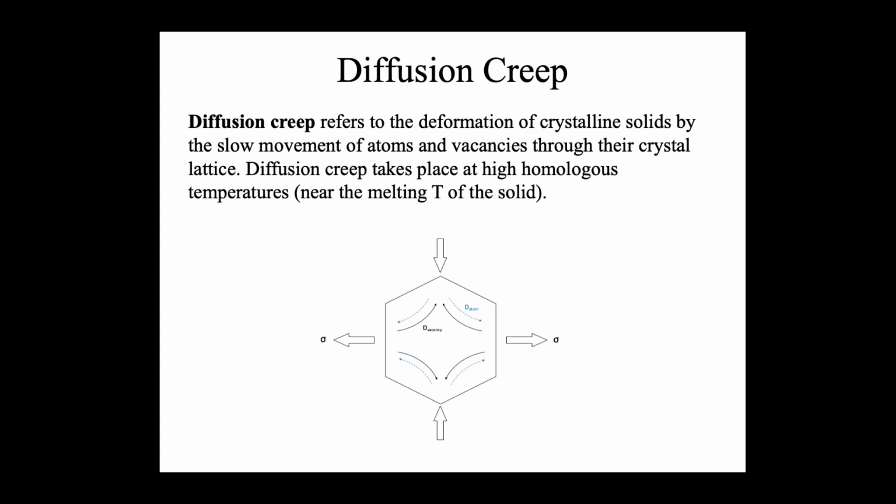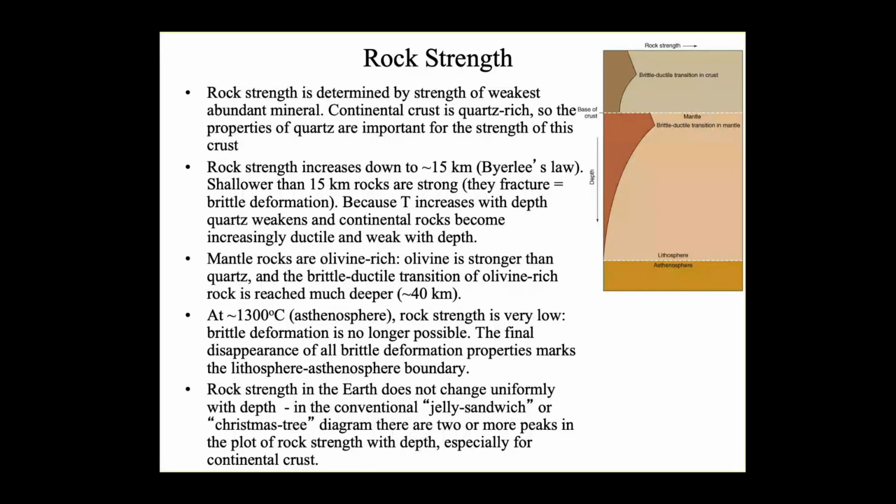All right, so let's get on to rock strength. Rock strength is determined by the strength of the weakest abundant mineral. Continental crust is quartz rich, so the properties of quartz are important for the strength of continental crust. On the right, we see a plot of rock strength versus depth.